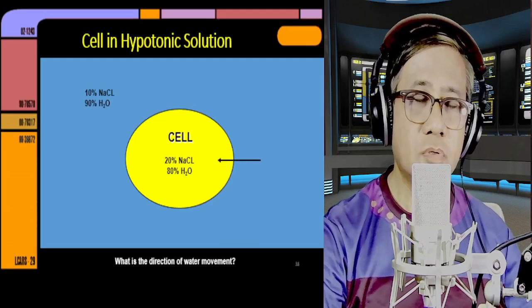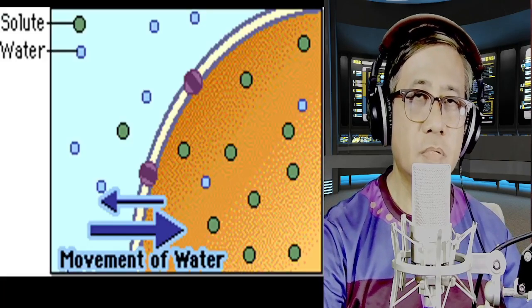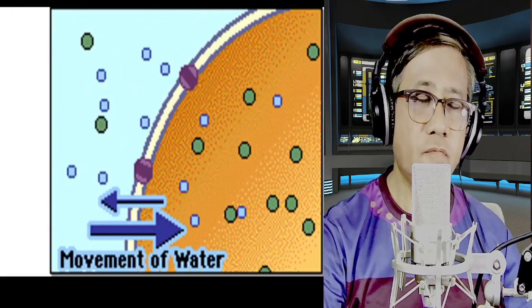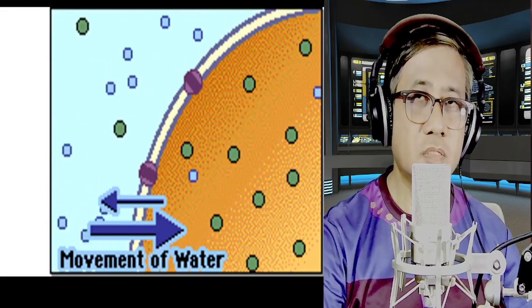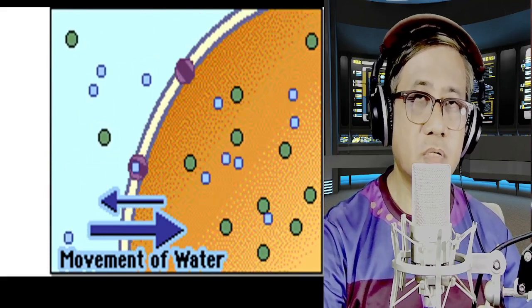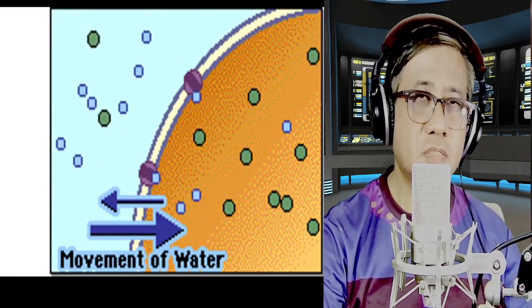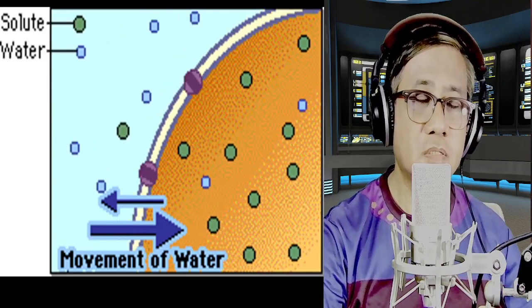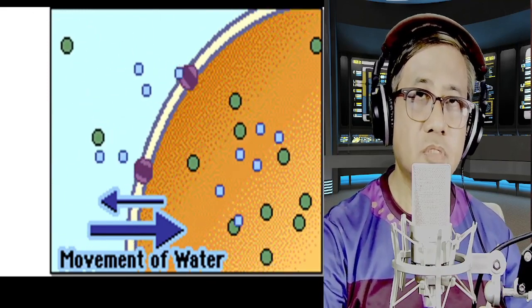And as the water continues to move in, the cell begins to swell. And eventually, if the process continues, the cell will cytolyze. Cytolysis means cell bursting. Alright, so that's what happens to the cell, especially for animal cells, if the animal cell is immersed in a hypotonic solution.